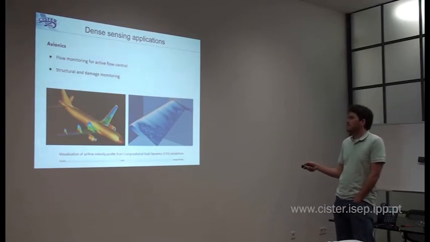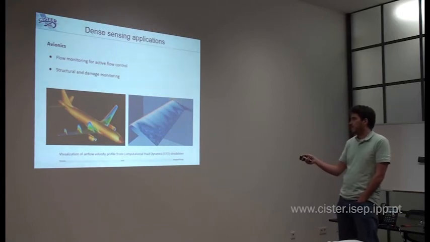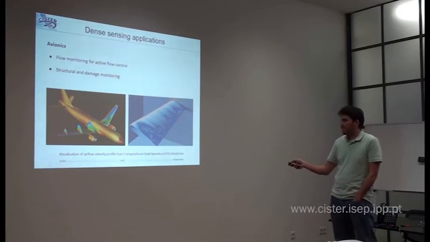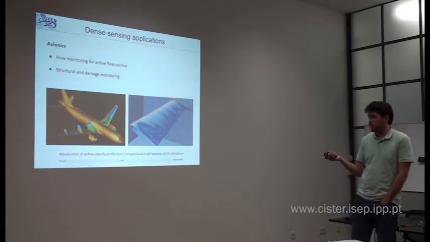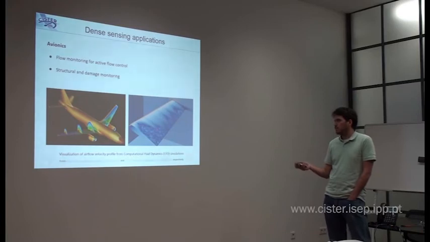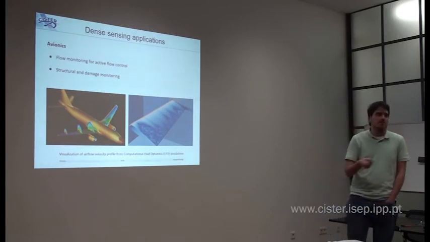The air comes from this side, and at a given point of the wing, the air which was laminar becomes turbulent. In this region, drag increases a lot, so you waste energy.